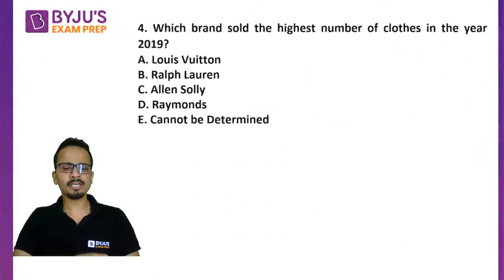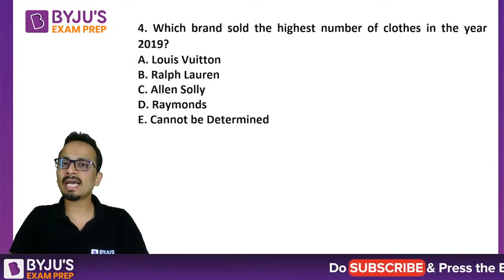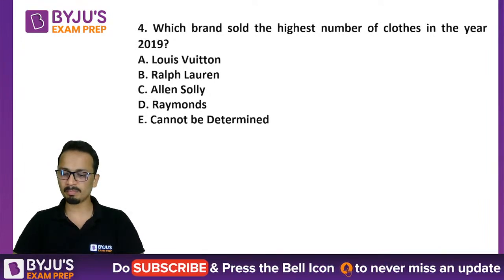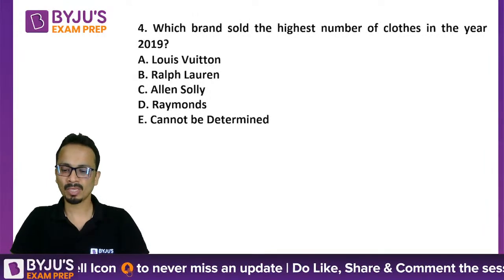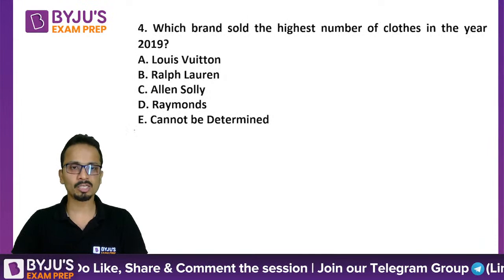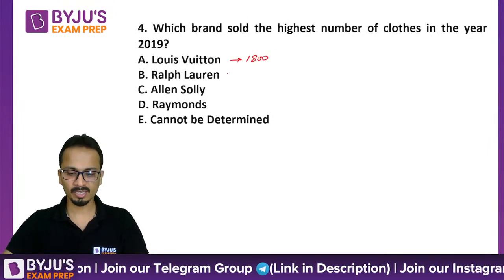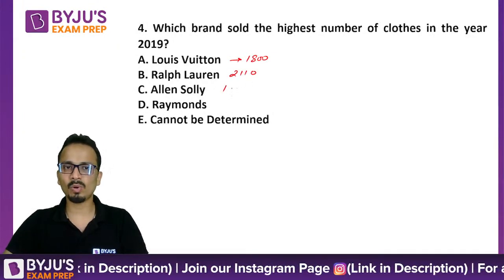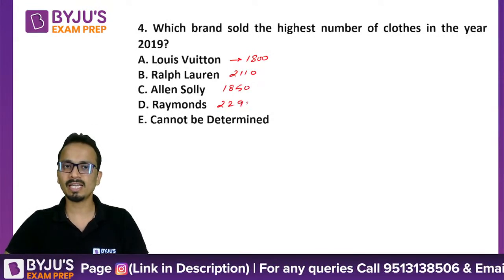The last question related to this set before we move on to the next set. Which brand sold the highest number of clothes in the year 2019? You just have to compare the rightmost column and you will get the answer. The total number of clothes sold by Louis Vuitton is 1800, Ralph Lauren is 2110, Alan Solly is 1850, and Raymond's is 2290.